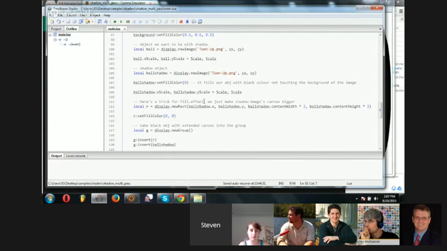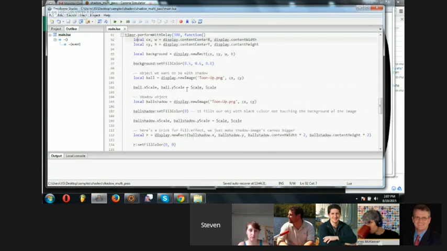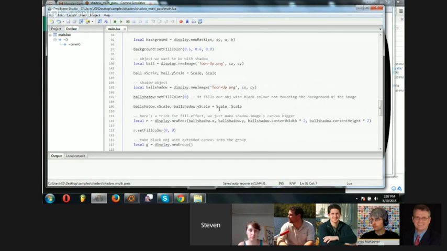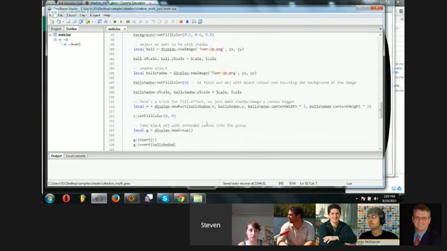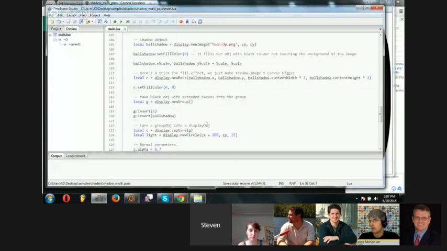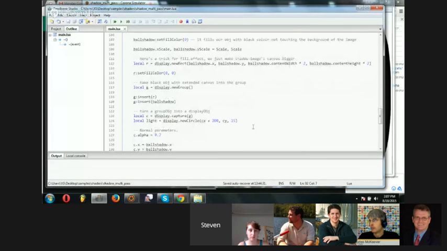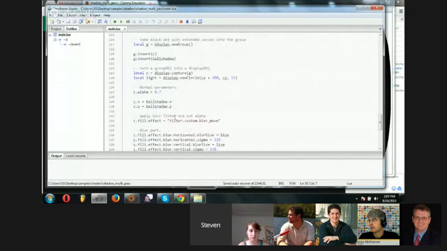So he had something where you could create a drop shadow by essentially creating a slightly larger version of your image that was all black. And then you would apply the Gaussian blur to that, and then capture. There's a capture involved. Gotcha.